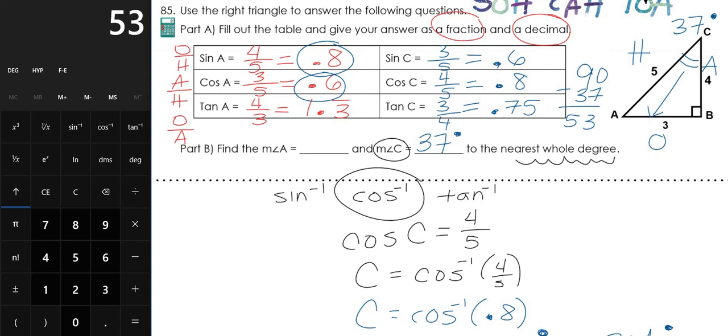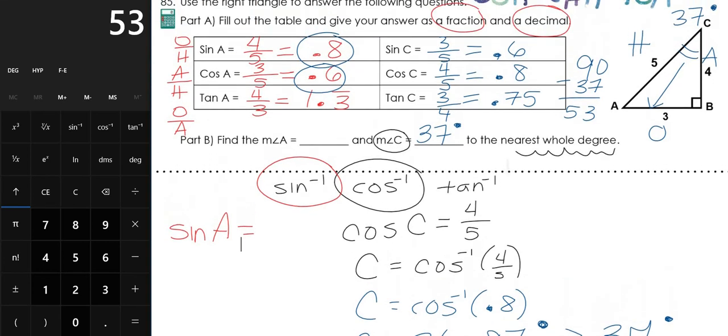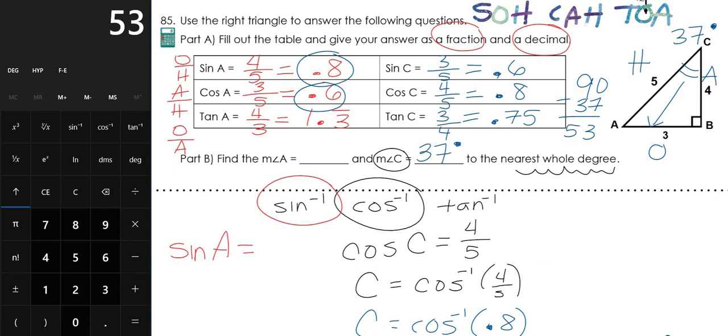So for angle A, let's go ahead and use one of the other trig functions. Let's use sine. So sine of A should equal opposite over hypotenuse. Now recall what we said was the opposite to angle A. Opposite angle A is the 4, the hypotenuse is 5.